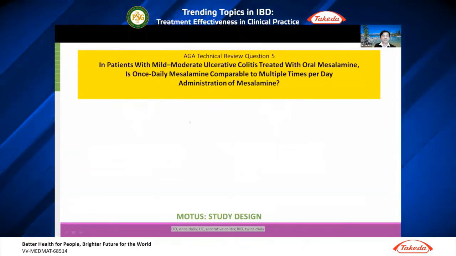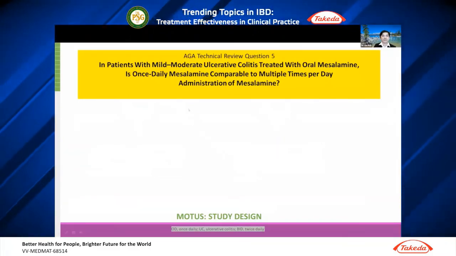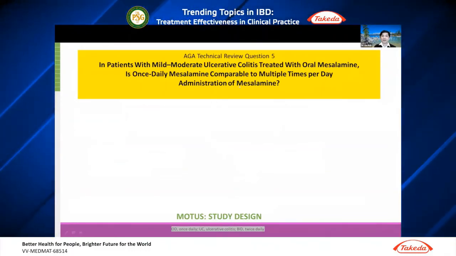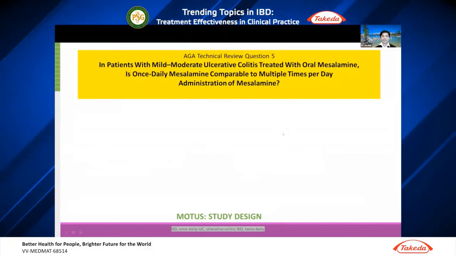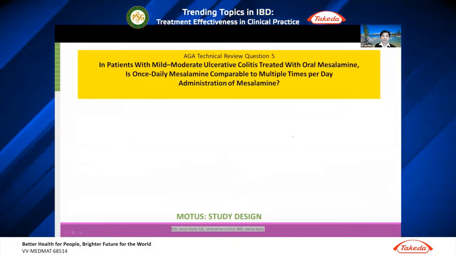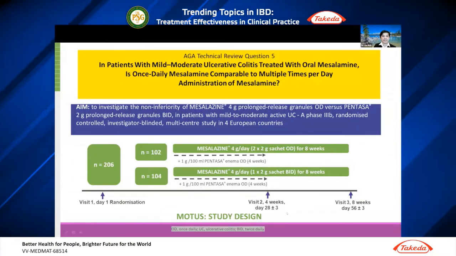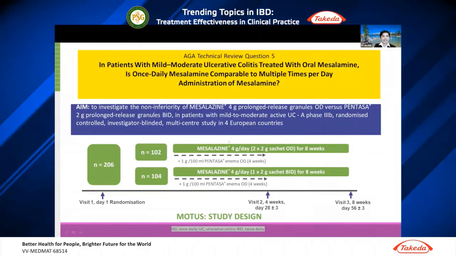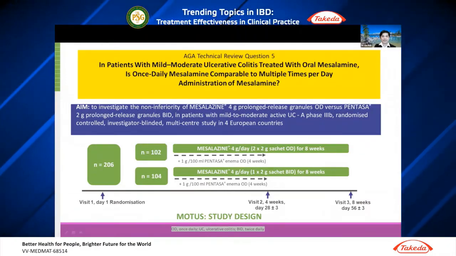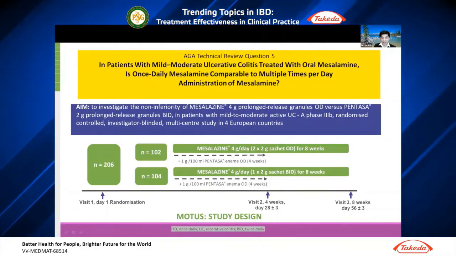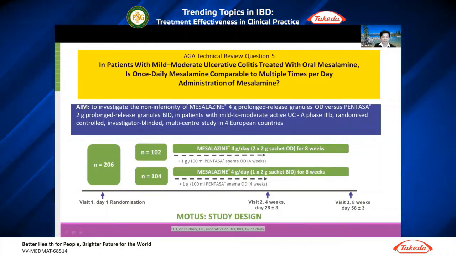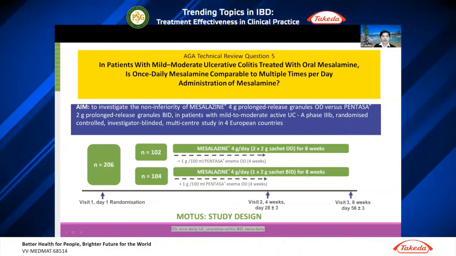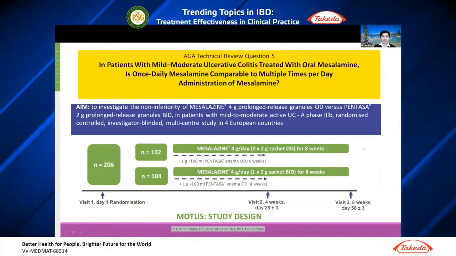This other question is, in patients with mild to moderate UC treated with oral mesalamine, is once a day comparable to multiple times per day administration of mesalazine? So there was actually a trial on this. This was the MOTUS clinical study, another European multi-center study in which they compared mesalazine given once a day, but they included Pentasa enema here, versus mesalazine given twice a day, but at equivalent doses.